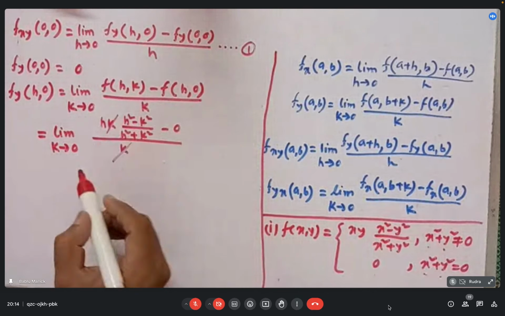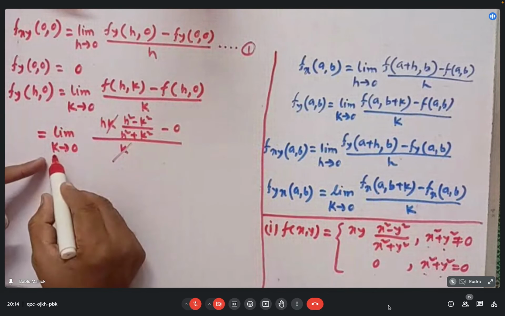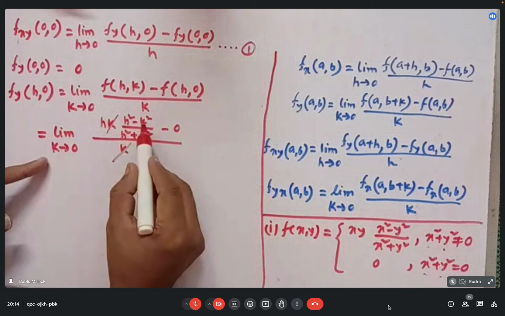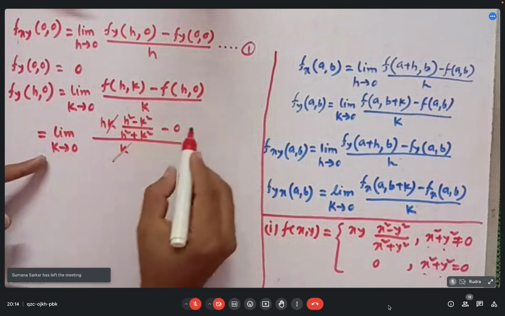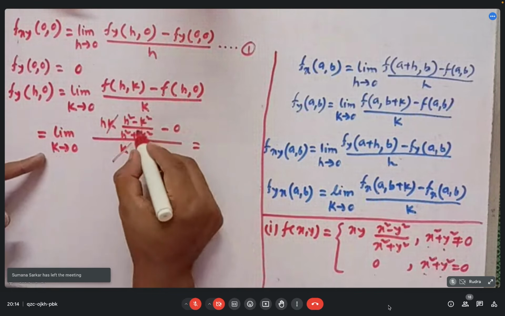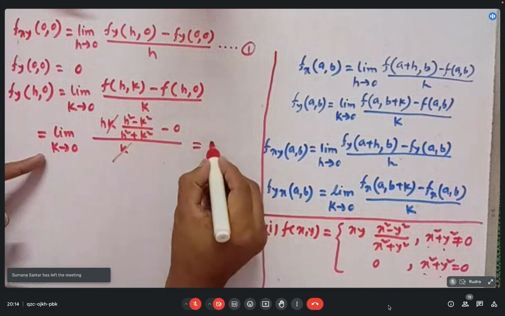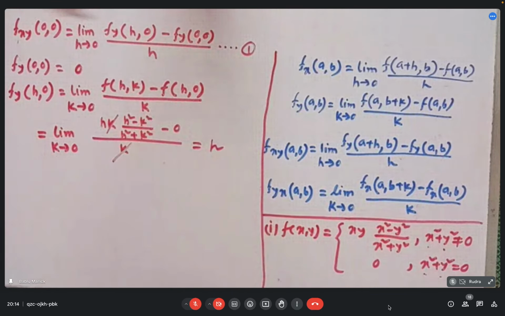We can cancel k, and then if I put k equal to 0, we are getting h, finally h.